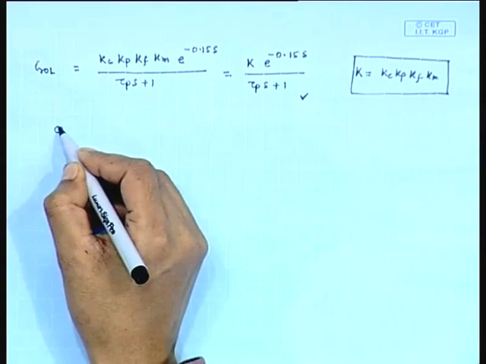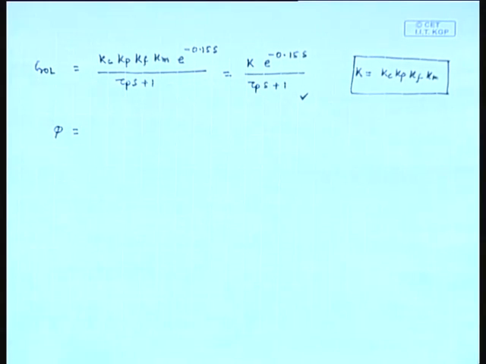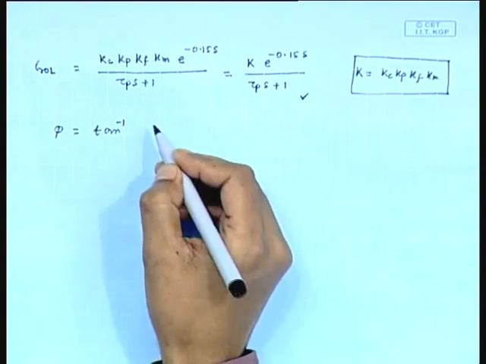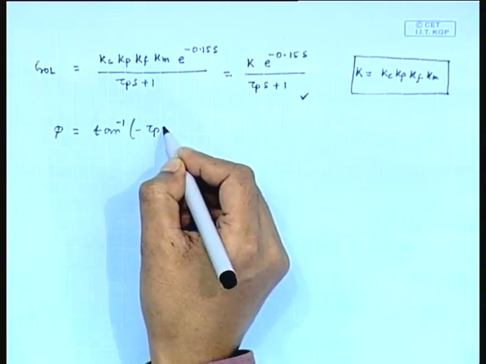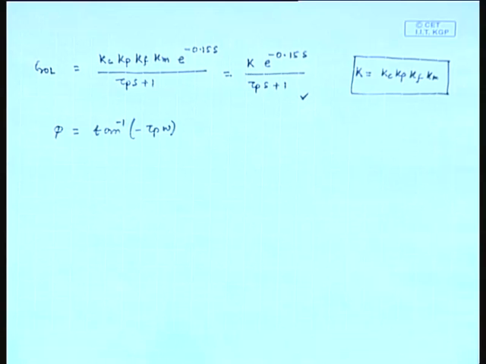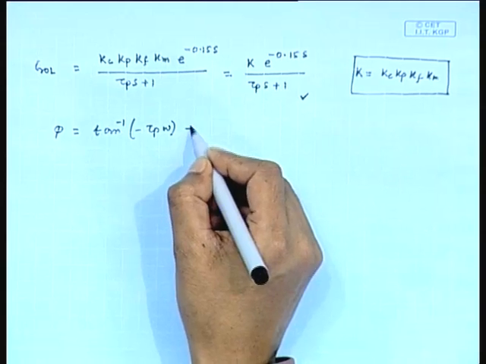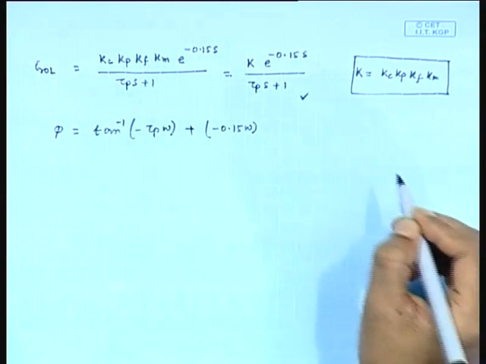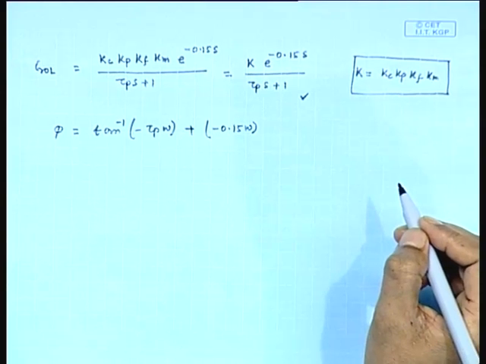Fine. So, this is overall the transfer function of a first order plus dead time system. Now, what will be the expression for phi? Phi will be tan inverse of minus tau p omega. This is for the dead time free part, and for the dead time part the phi will be minus 0.15 omega.